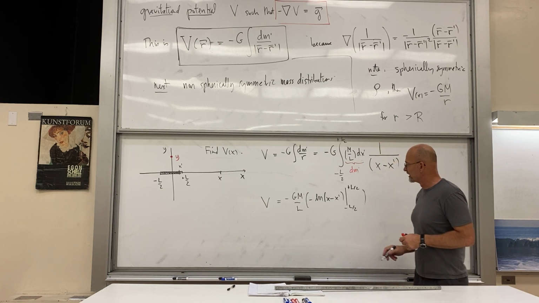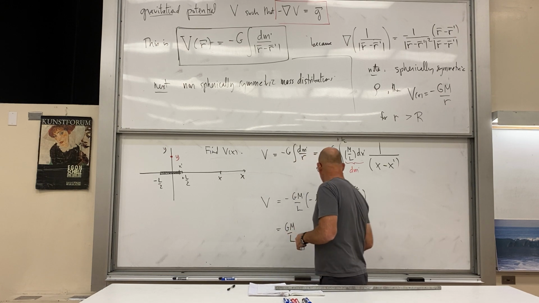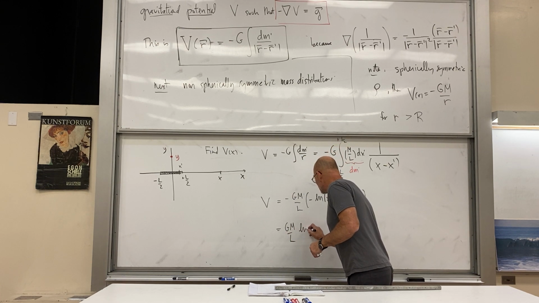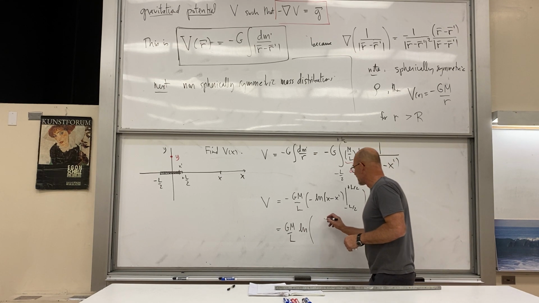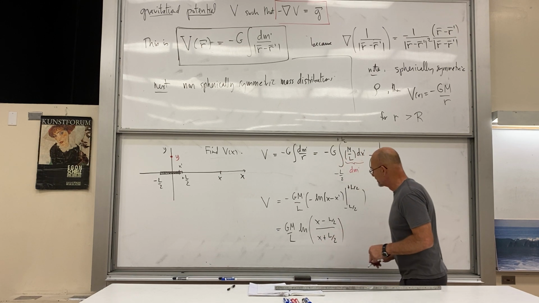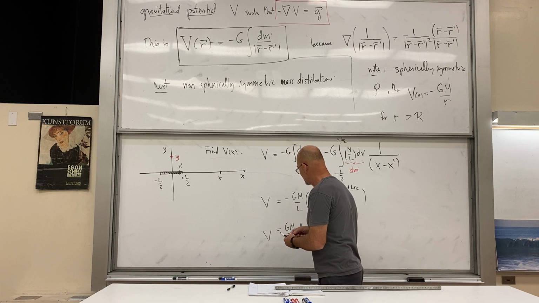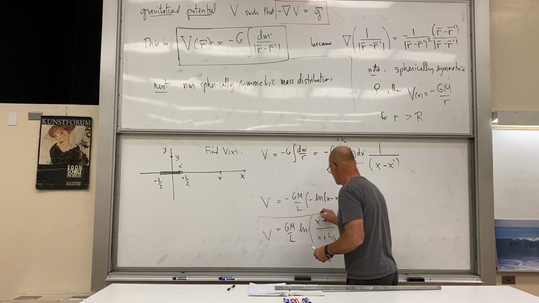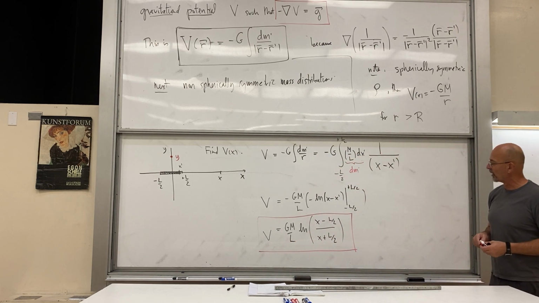So we have gm divided by L, natural log, and best to do the quotient there, so we'll have x minus L over 2 divided by x plus L over 2. Good, so there's our exact answer if we didn't make any error.